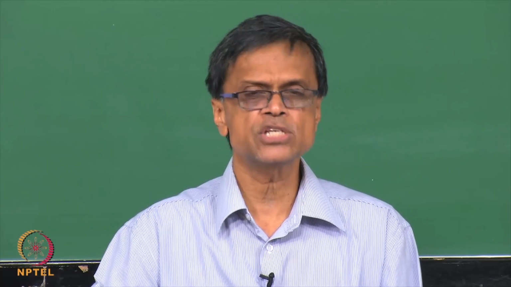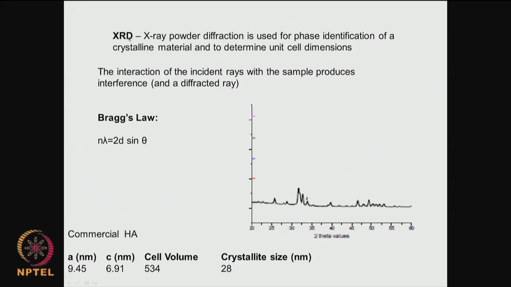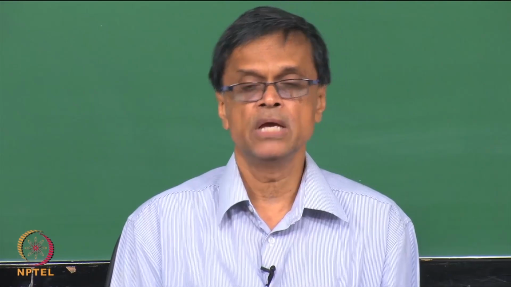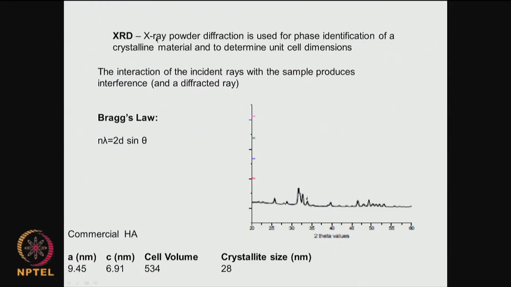Now let us go to the next analytical tool, X-ray powder diffraction technique. This is used for phase identification of a crystalline material. When a material is in crystal form, for example metals, some polymers which are in crystal form, or inorganic material in crystal form, then this is very useful.